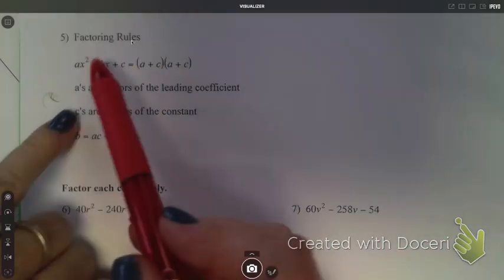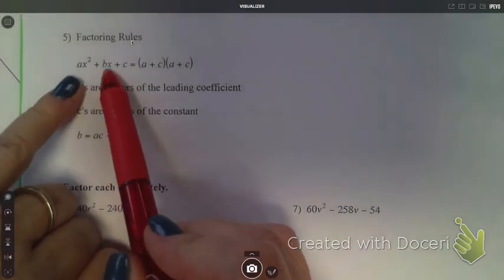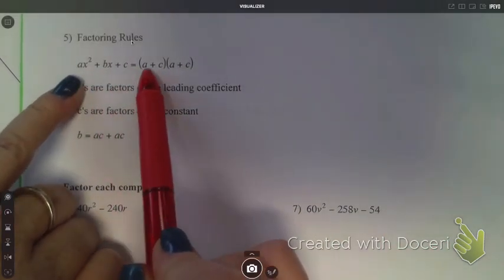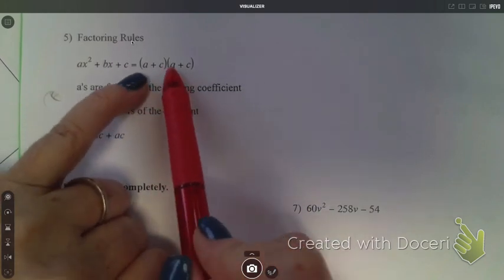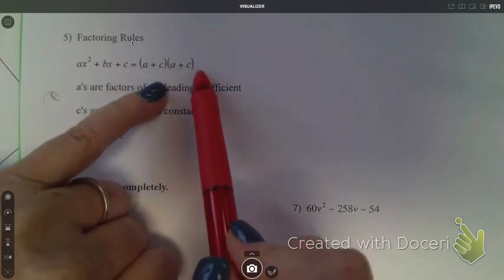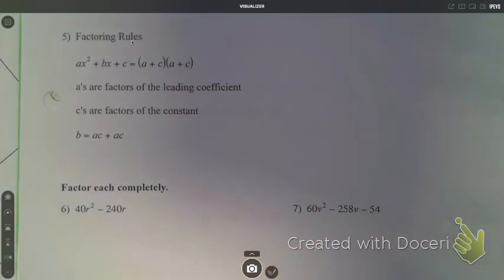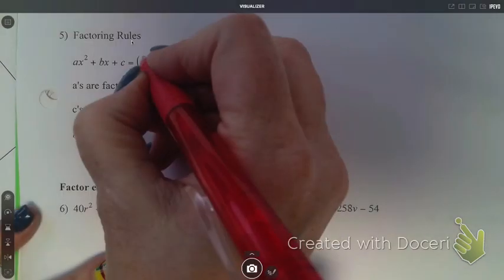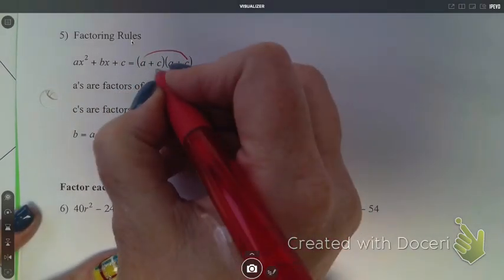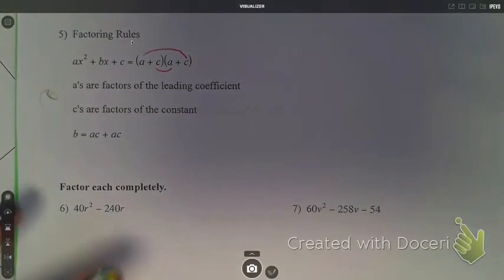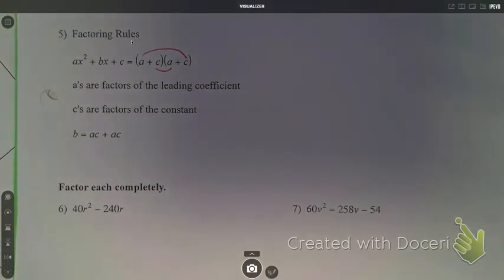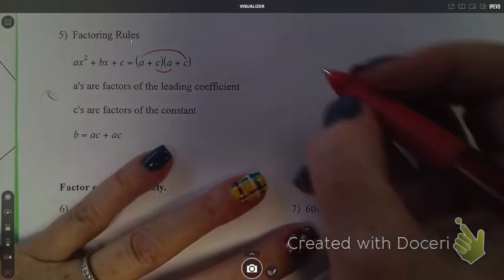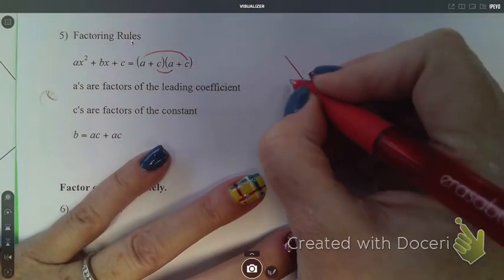So remember, ax squared plus bx plus c is standard form. And when I factor it, the factors of a are first and the factors of c are second. And how do I get b? I combine this multiplication with that multiplication. Okay. So when we do not have a prime leading coefficient, we're going to use the complete x.